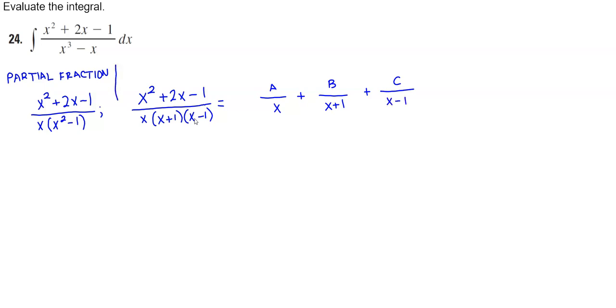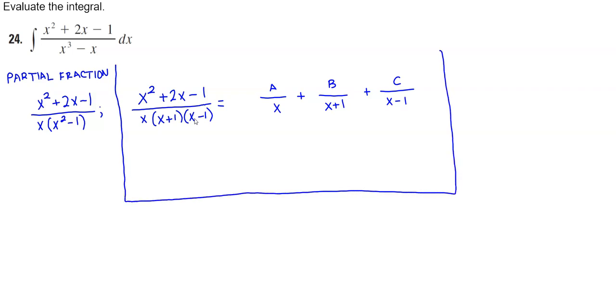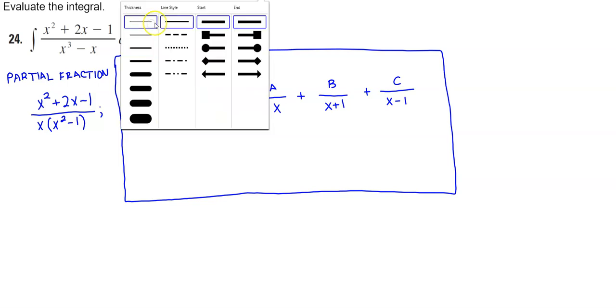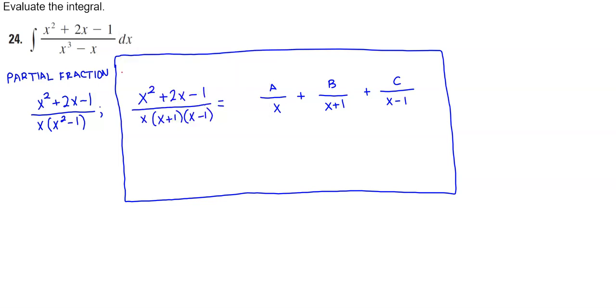And now we're going to treat this as an equation. So we're going to multiply each term by the LCD. And the LCD is x times x plus 1 times x minus 1, for each term.